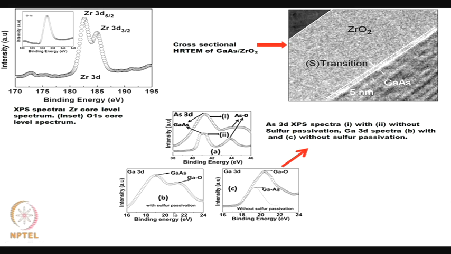Here also the gallium oxide is very high. Here, you see that this is without sulfur passivation, and compared to this it is very high. So, the sulfur passivation has reduced both gallium oxygen and arsenic oxygen bonds on the gallium arsenide surface.